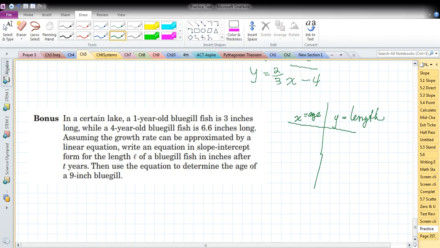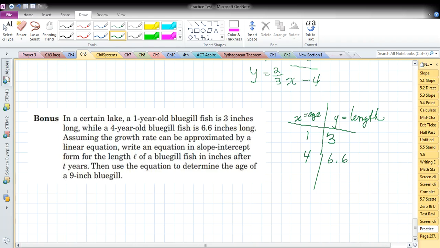So the first point, x is 1-year-old, and its length is 3. In the second point given, it says a 4-year-old, the length is 6.6, and there's some very important information here. It says it can be approximated by a linear equation. So we're going to determine that this is linear. We can use all the skills that we've learned so far. So here are 2 points.